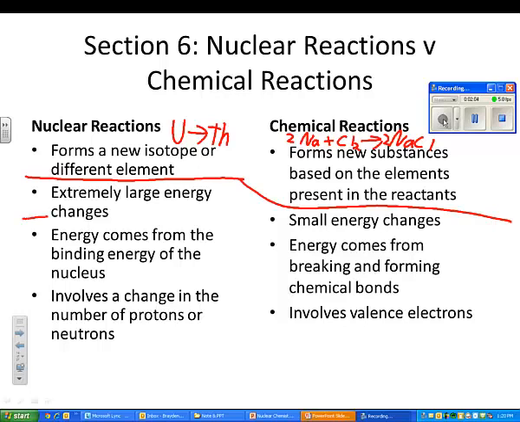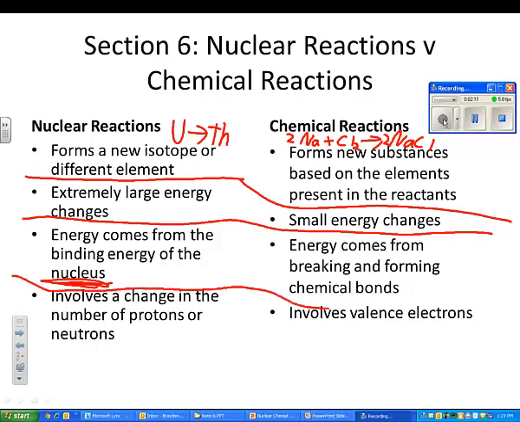Nuclear reactions have a large amount of energy, whereas chemical is a small amount of energy. Energy comes from the binding energy of the nucleus in nuclear reactions. Remember, it's all about that nucleus. Whereas in a chemical reaction, it's all about the bonds. Remember, that's where energy is stored or required, in the forming and breaking of those bonds.